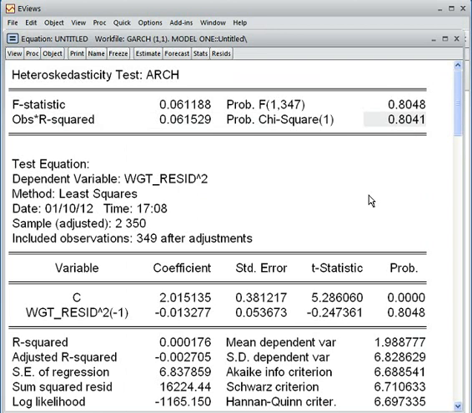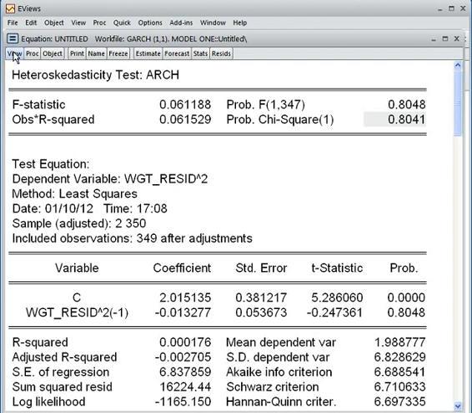Rather, we accept the null hypothesis. And here, what is our null hypothesis? There is no ARCH effect, which we cannot reject, meaning that this model with Student's t distribution is not affected by ARCH. So this is a good sign for this model.